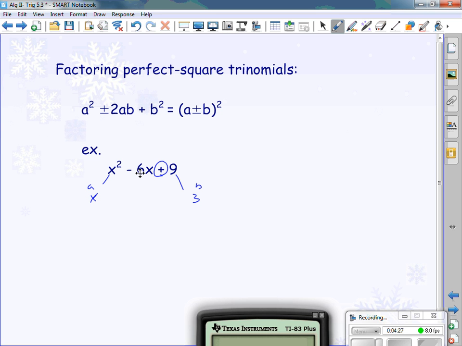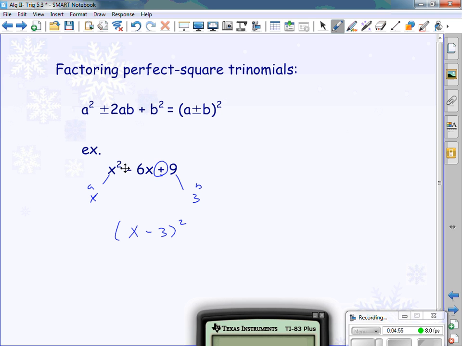Do I have 6x here? Because I do, it means x minus 3 squared. It is a shortcut. So what you're trying to look for, can I take the square root of the first term? Can I take the square root of the second term? If I take 2 times those 2 square roots, is it equal to the middle term?